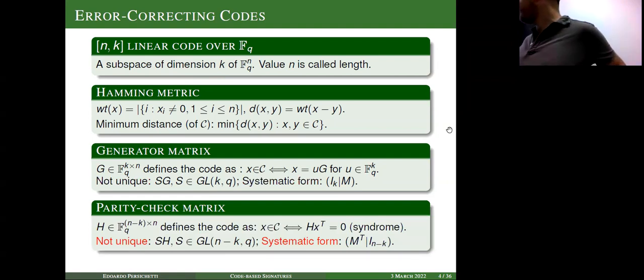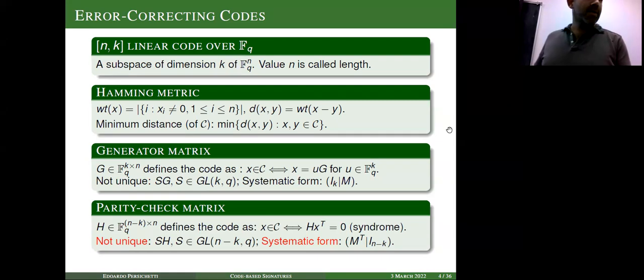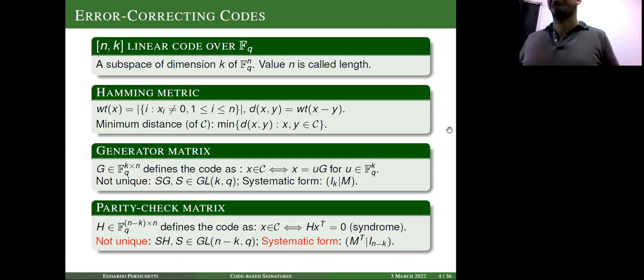This is not the only representation of the code. The other popular one is what we call a parity check matrix. So this defines a code as a kernel, right? So code words are the ones with product equal to 0. This is what we call the syndrome. And again, we have several choices for this parity check matrix. And in fact, we also have a systematic form for it. And the important thing is that these two things are connected to each other, right?